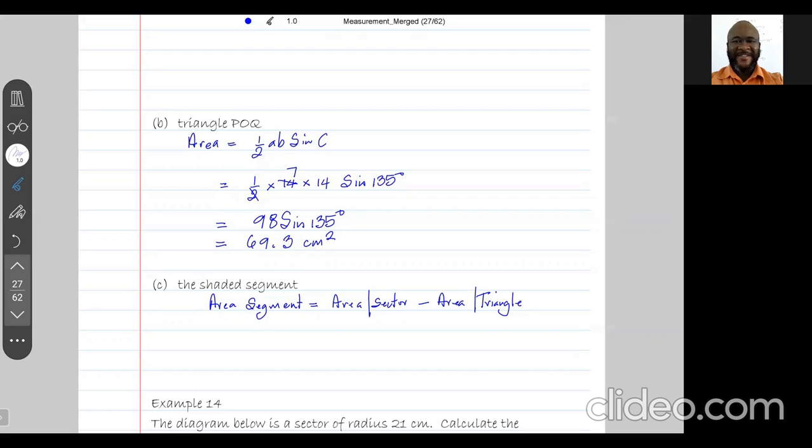So if I take the triangle from the sector, the piece that will remain is the segment. Now the area of the sector is 231 minus the area of the triangle, which is 69.3. Using my calculator, let's see what we're gonna get.